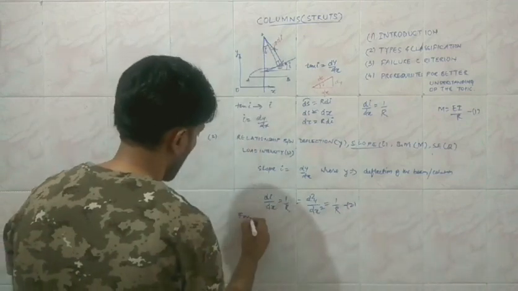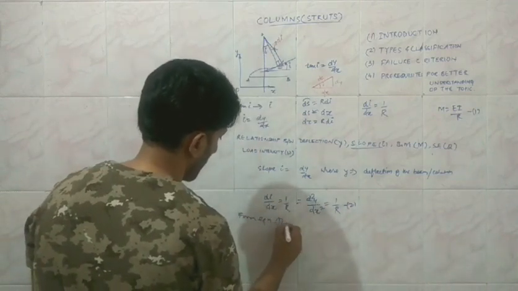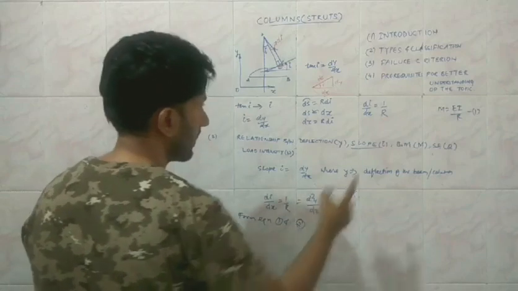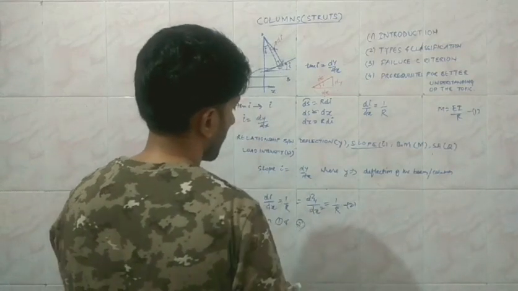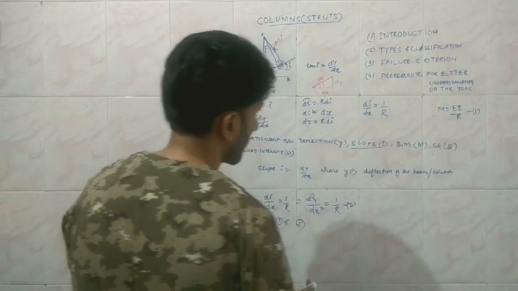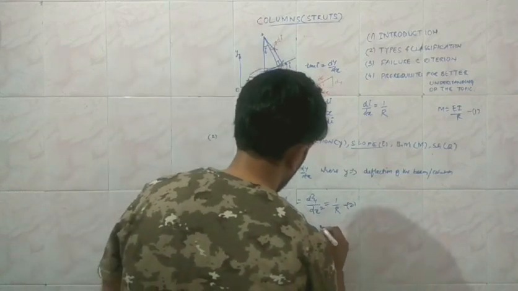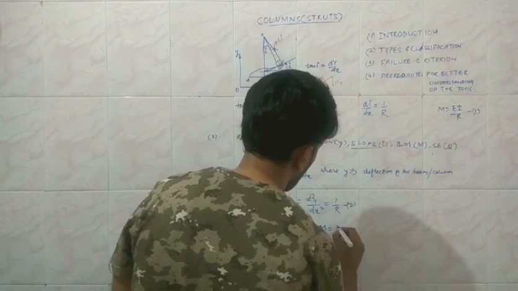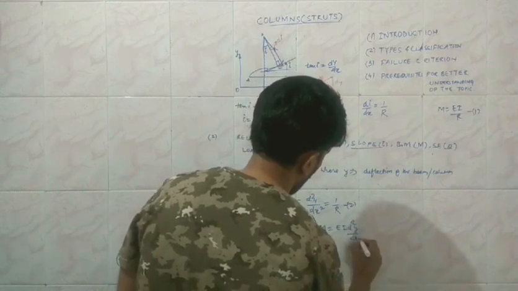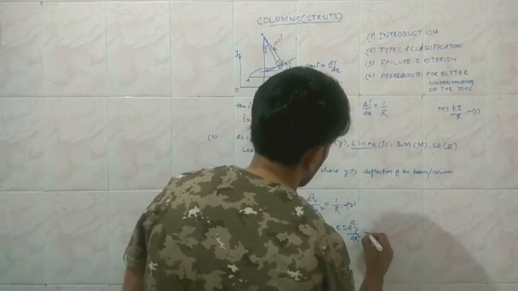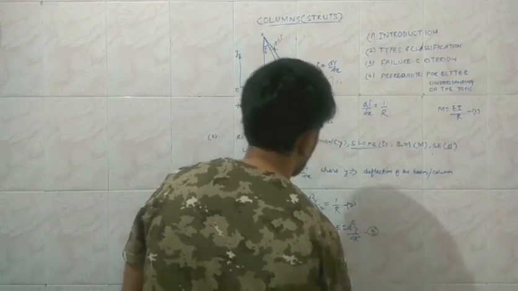From equation 1 and 2, we identify that the value of 1 by r is equal to d square y divided by dx square. So the value of M, that is the bending moment, is going to be equal to EI into d square y upon dx square. Say this is equation 3.